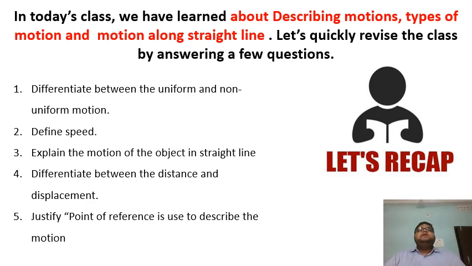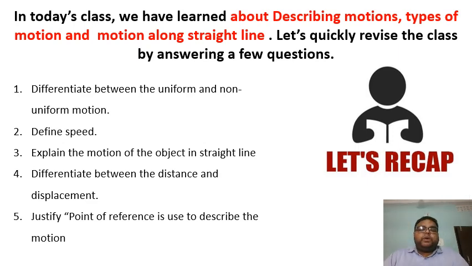Uniform motion occurs when an object covers equal distance in equal period of time. But when an object covers unequal distance in equal interval of time, then that type of motion is non-uniform motion.